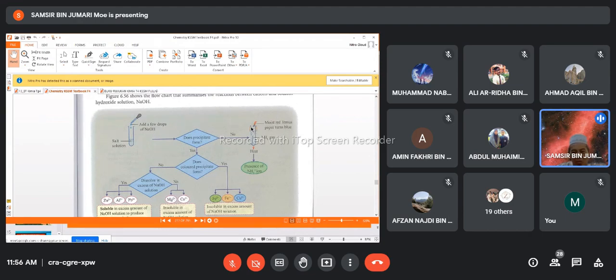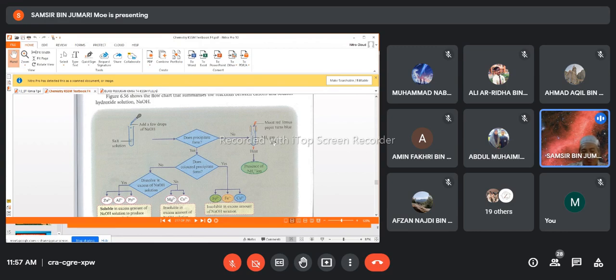Okay, so the white fume will be formed. Kat sini ada wasap putih yang tebal tu sangat-sangat jelas kelihatan. Itu maknanya the formation of ammonium chloride. So pembentukan white fume atau ammonium chloride tu menunjukkan bahawa adanya ammonia gas yang telah bertindak balas dengan hydrochloric HCl tu kat situ. Itu cara yang boleh juga digunakan.